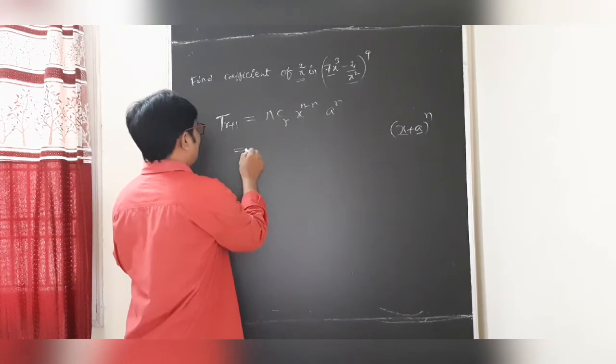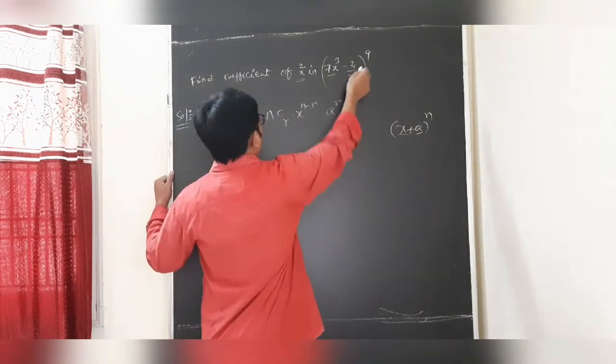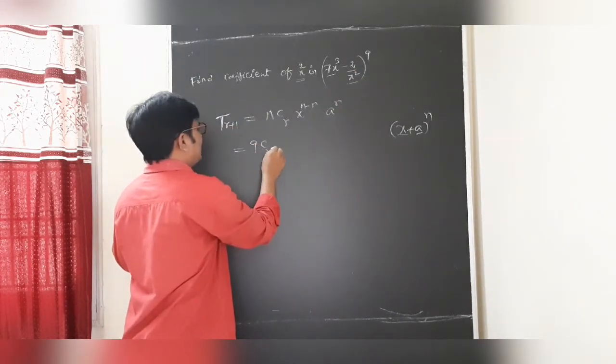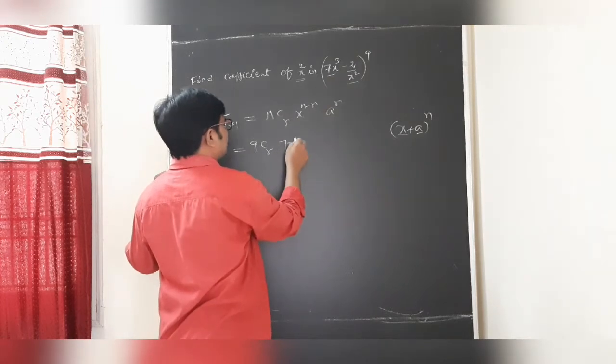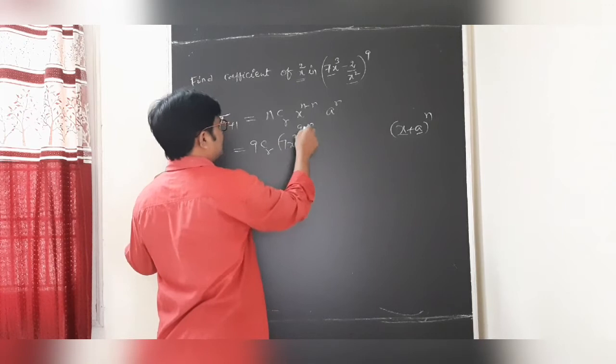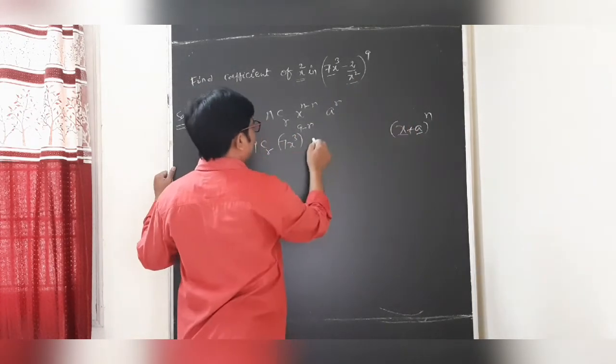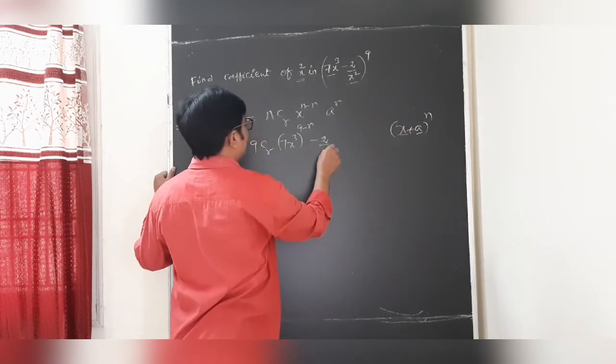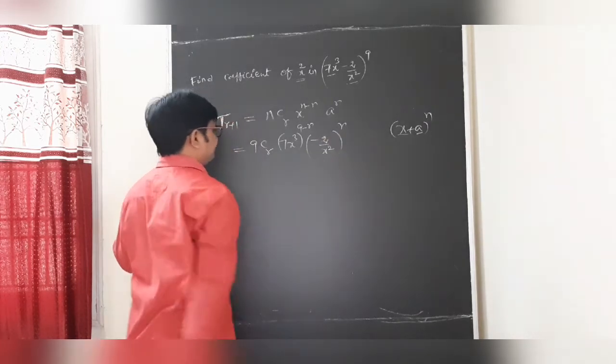So my dear students, we can write n is 9. So 9Cr, x will be (7x cube) whole power 9 minus r, and a is (minus 2 upon x square) whole power r.